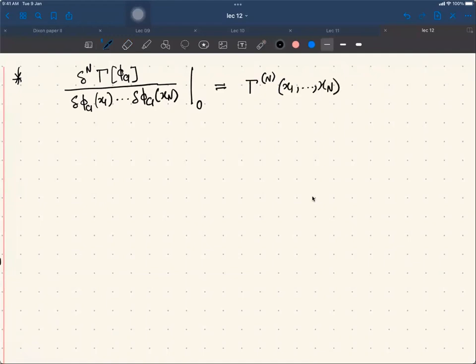So this is the equation, and we will demonstrate for n equal to 3 and 4, and once we go to 4, it will be clear how it has to be generalized to higher n. That will be straightforward.